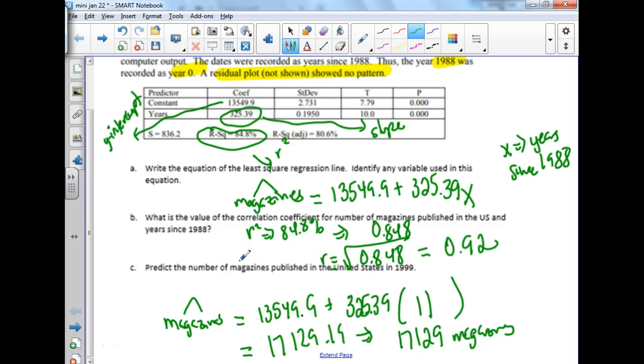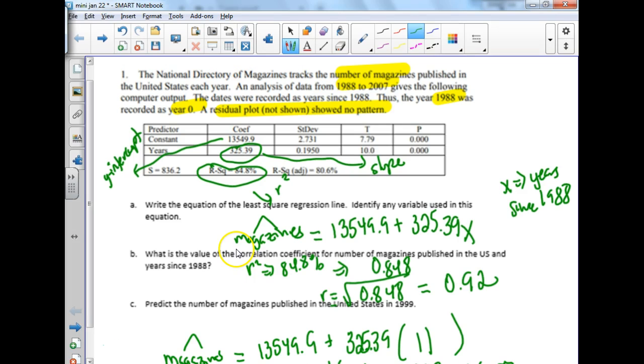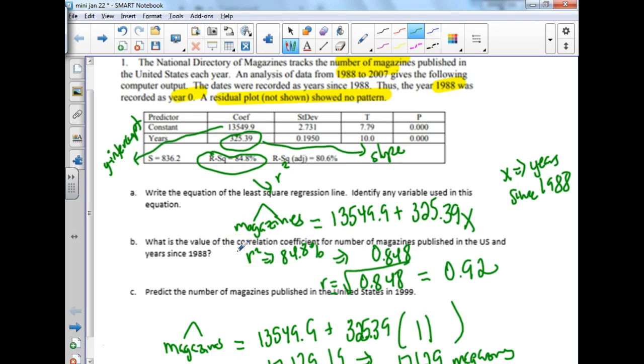Now, even though they didn't ask us about this, this is another typical question they may ask. Suppose they asked us to make a prediction, or questioned the validity of a predicted magazine amount, in the year 2018.